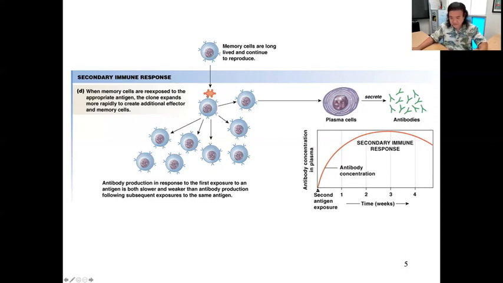And you can see here, you have a huge production of antibodies very quickly, right? And if this works, then you don't even get sick from the bacteria or the virus again, right? Because your immune system works so fast now because it recognizes it that you don't even give time for the virus or the bacteria to multiply and cause problems, right?